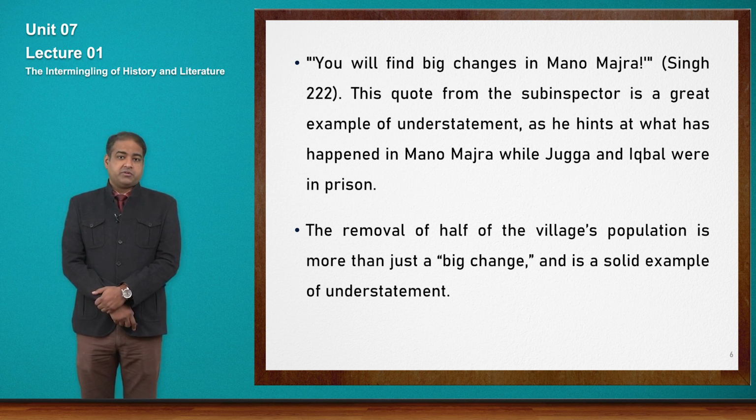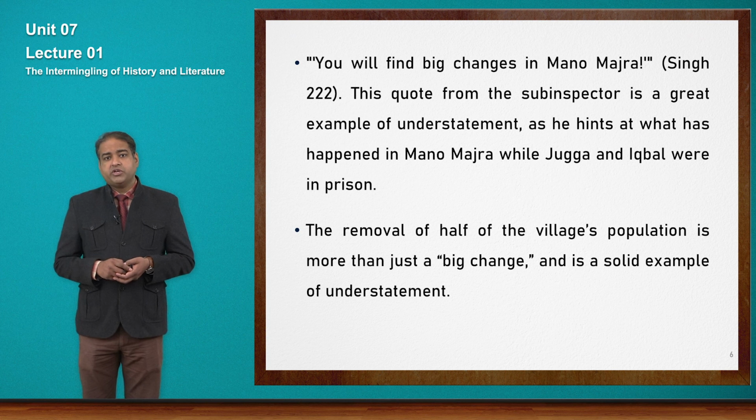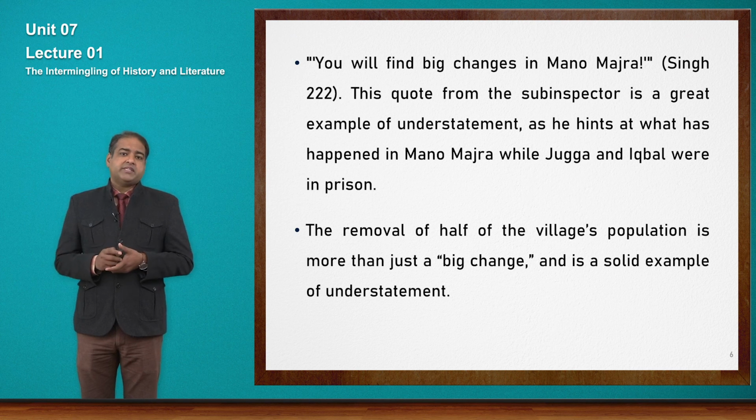of understatement. Well, friends, understatement is again a literary device used in literature. What is understatement? A very big incident happens and it is explained in a very simple manner.